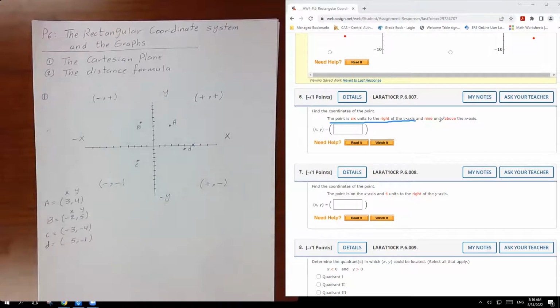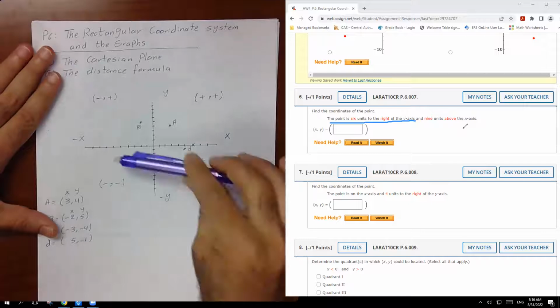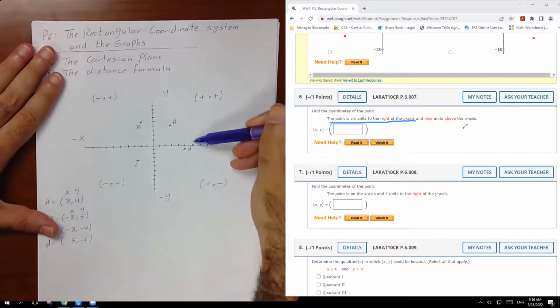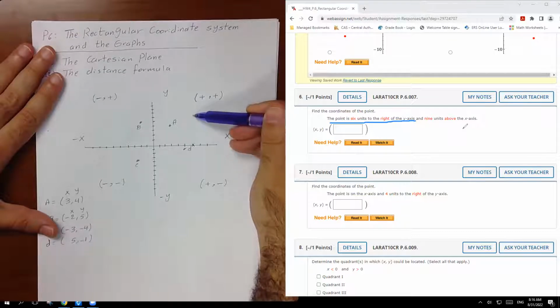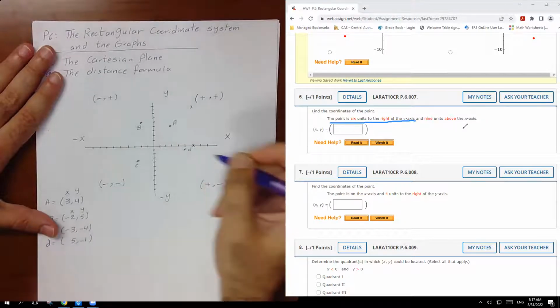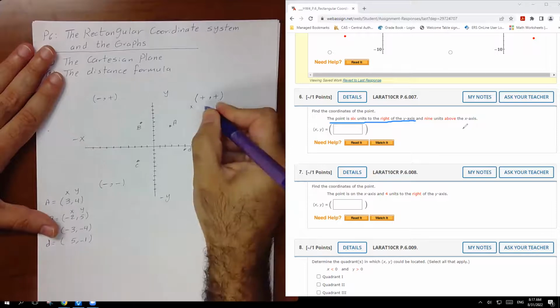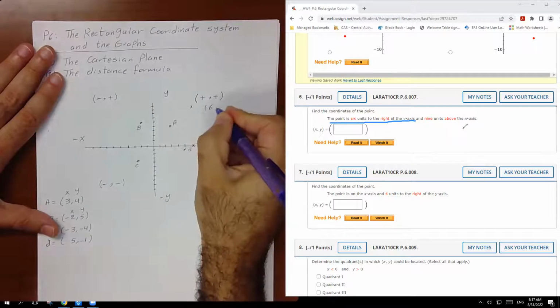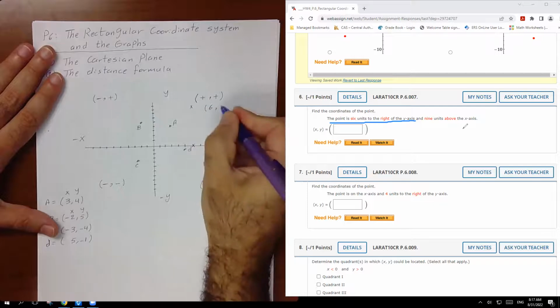Now I'm going to keep going. And 9 units above the x-axis. So here's the x-axis, 9 units above. That means I'm going to go up: 1, 2, 3, 4, 5, 6, 7, 8, 9. So the location for this point is going to be 6, which is the x coordinate, and 9, which is the y coordinate.